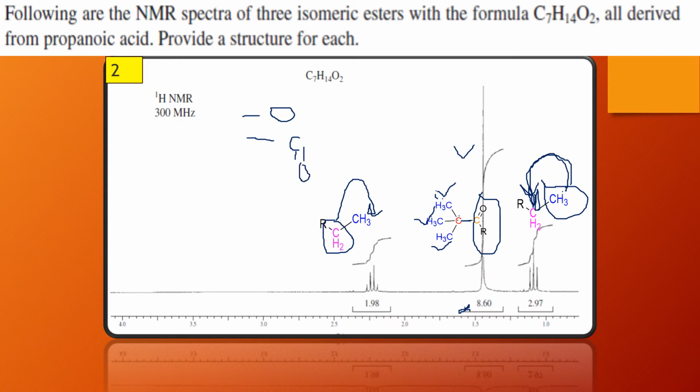You can see here the chemical shift value of this peak is low, right? Which means that this carbon would be attached to the carbonyl group, and in comparison, the chemical shift value of this other peak is higher, which means that this carbon will be attached to the oxygen.